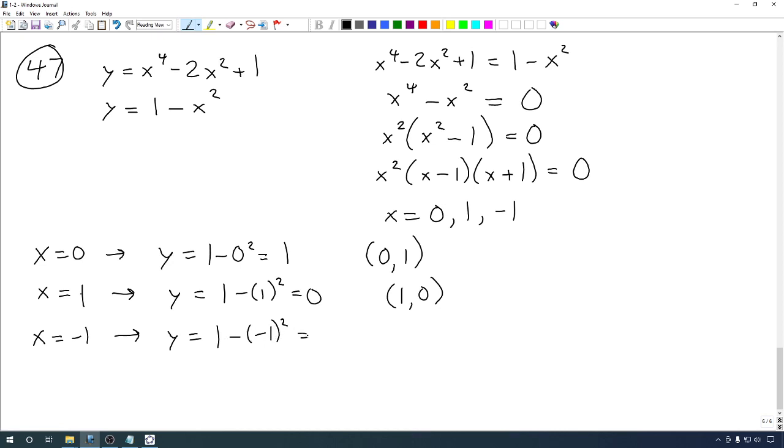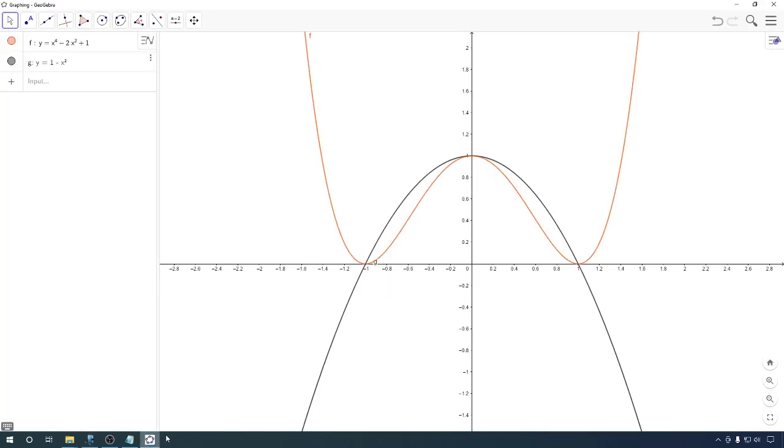So we still have 1 minus 1, or 0. So negative 1, 0 should also be an intersection point. And you can plug those into this one here, and you should get the same result. And that agrees with what we have here. We can definitely believe that 1, 0 and negative 1, 0 are both intersection points. And then up here at 0, 1, that was the other one.